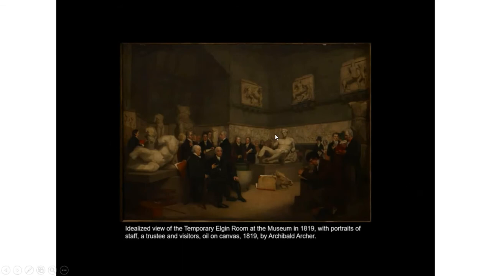If you took 114, you'll remember Lord Elgin, who goes to the Parthenon and convinces the Turks who are in charge of the Parthenon when he gets there to let him work on, study, and then eventually take a lot of the marbles, they're called, the sculptures of the Parthenon, including most of the pediment sculptures and a lot of the frieze from the inside of it.